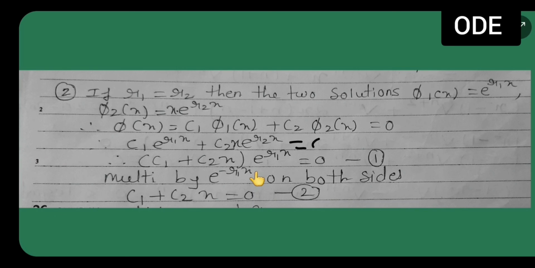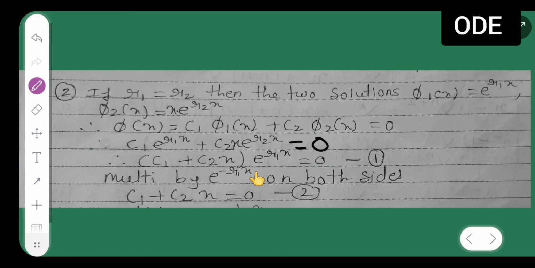Now (c1 plus c2 x), e raised to power of r1 x is common for both, is equal to 0, and take this as equation 1.